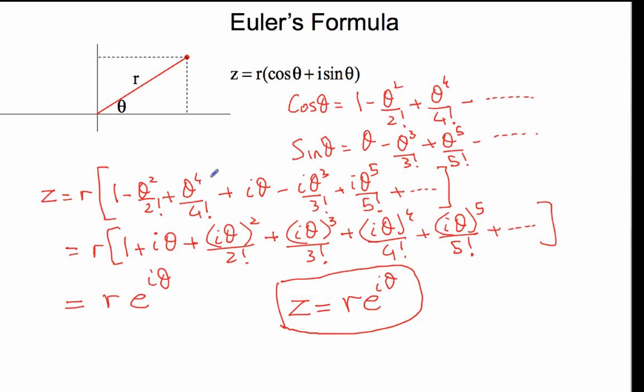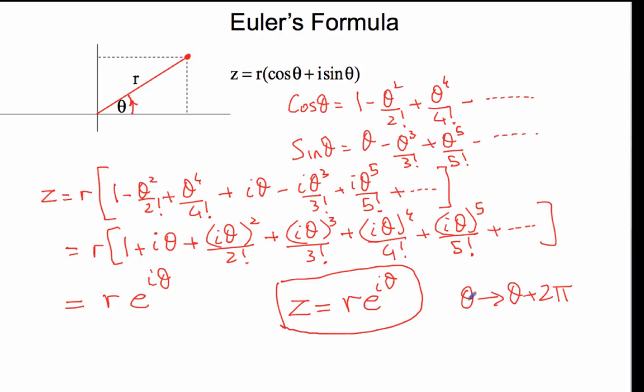Now, there's something very important over here to remember: if z is written like this or like this, and these are equivalent to each other, if I make theta go to theta plus 2 pi, which means that I go not just by theta but go all the way around, come here and then go by theta, that's theta plus 2 pi, then I will get to the same complex number z.